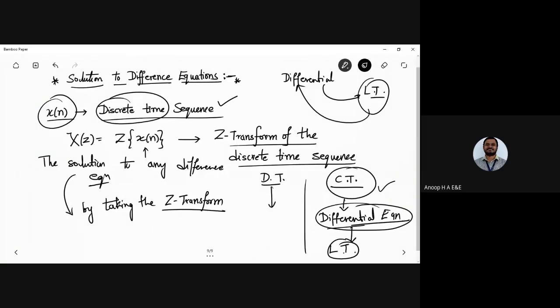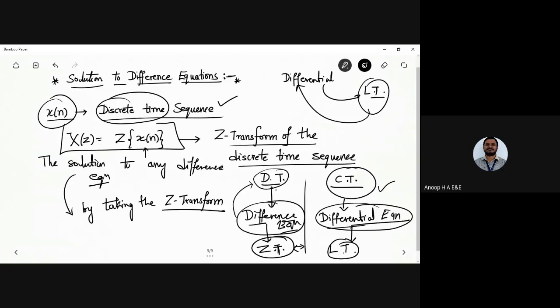In a similar way, for discrete time systems you have the difference equation, directly modeled by the discrete time sequence, and the technique you use to solve it is the Z transform approach.